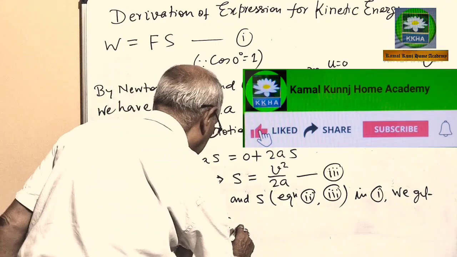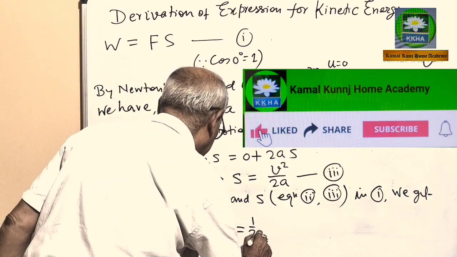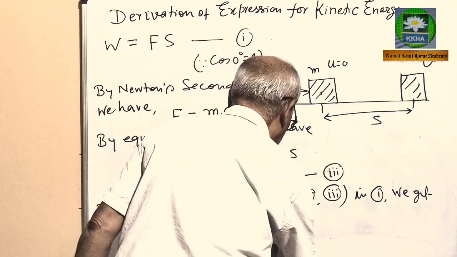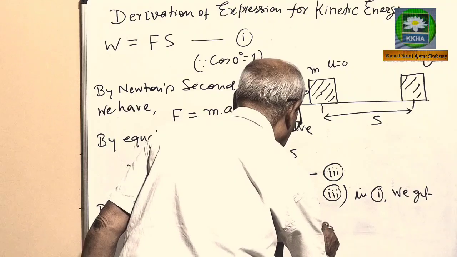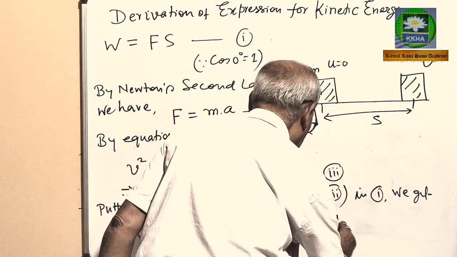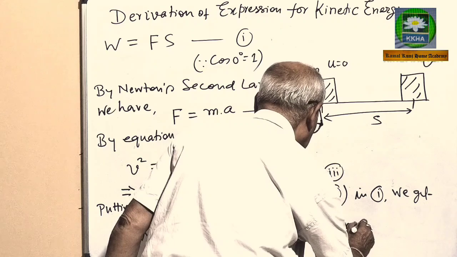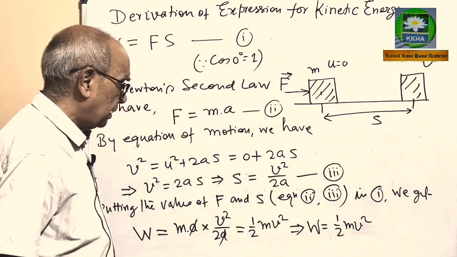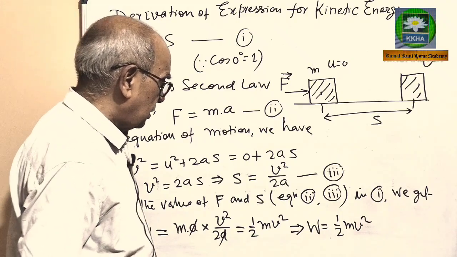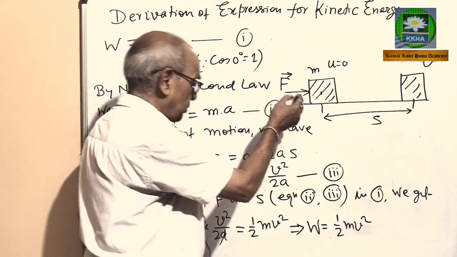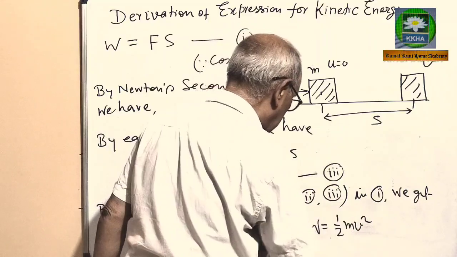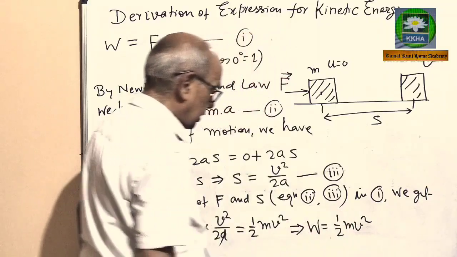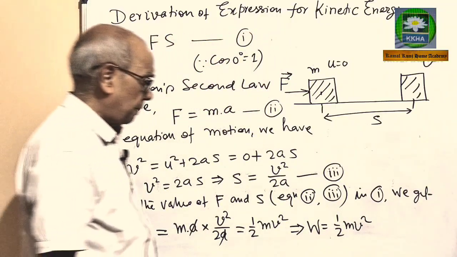Let's cancel. This is equal to half m v square. This implies that work done is equal to half m v square. Now this work done is equal to kinetic energy. So when force F is applied on the body and if its velocity is v, then kinetic energy of the body will be half m v square.